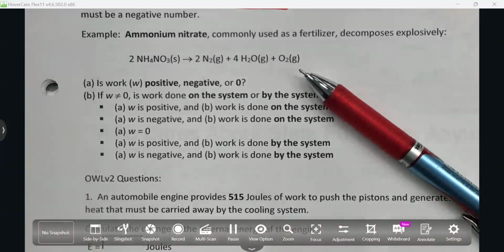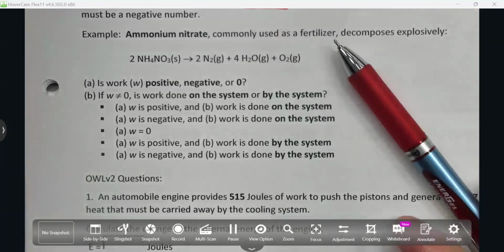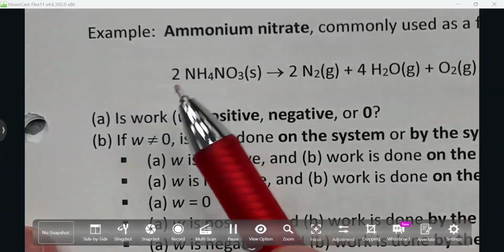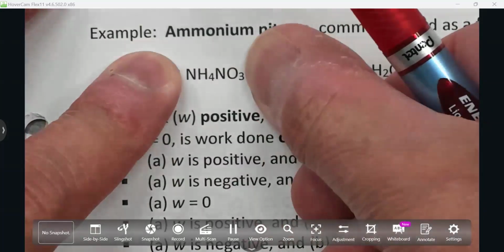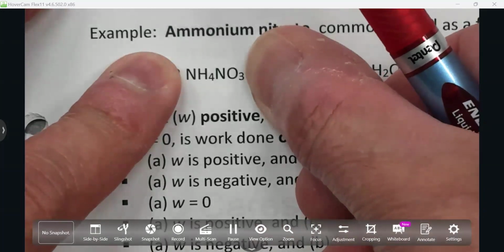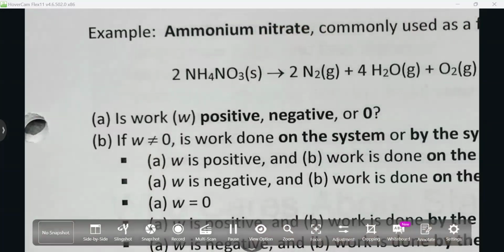Now, you can Google some of those explosions. They've blown up entire towns. Storing ammonium nitrate fertilizer. It is a fantastic fertilizer. Why is it a fantastic fertilizer? Because the percent nitrogen in it is really high. It's a great, great nitrogen fertilizer.